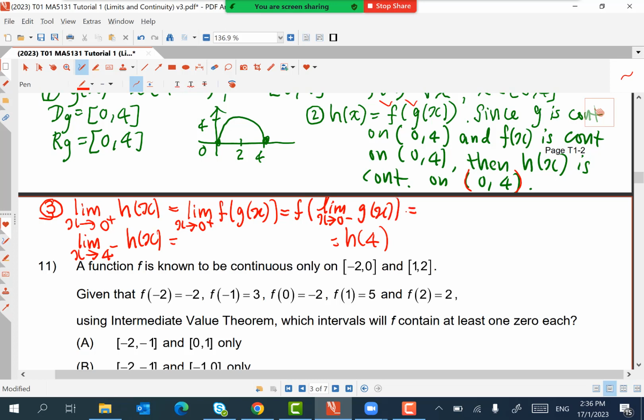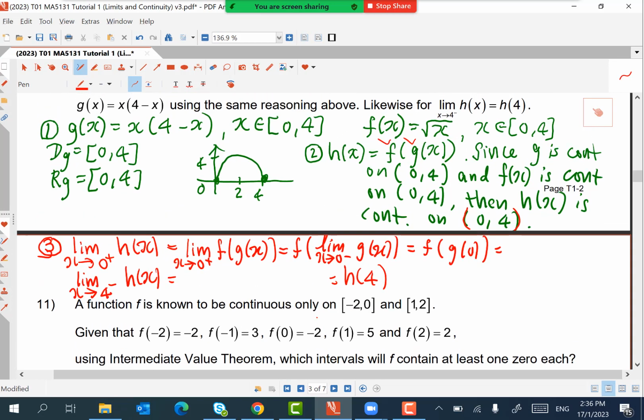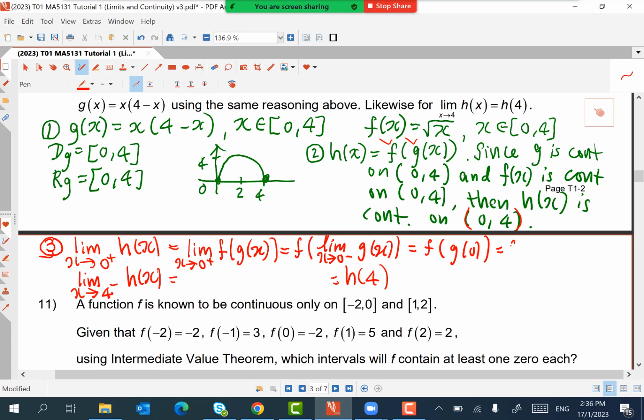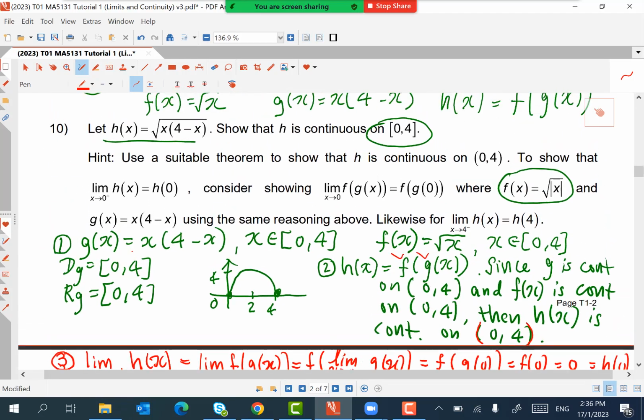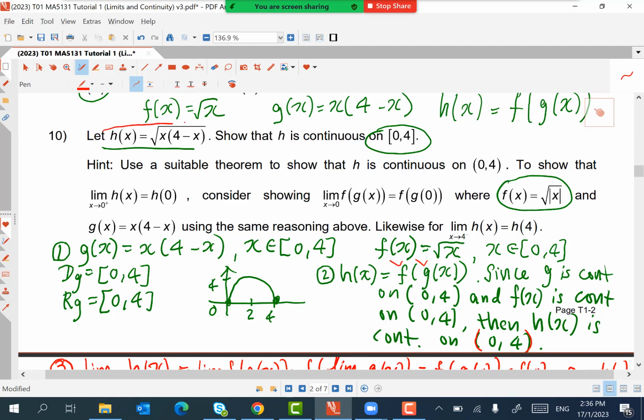And because g is continuous at 0, this becomes f of g(0). And g(0) is 0, so this becomes f(0). And f(0) is actually 0, so indeed it is equal to h(0). Why is it so? Because your function h(x) is defined to be this, and h(0) is obviously 0 also.